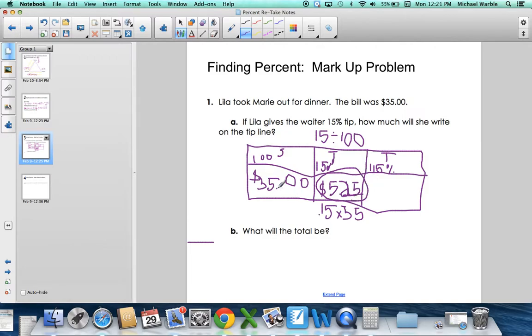All right, and for part B, we simply add these two up. So we have 35 plus 5.25.